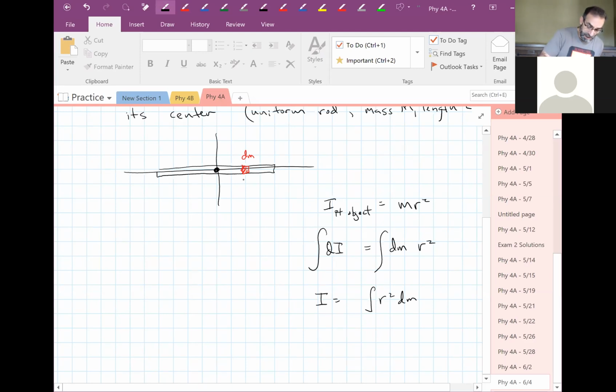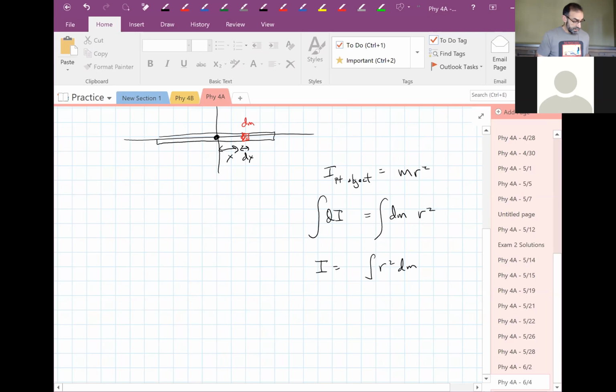Well, it's got some length to it. We can call that dx, and it's located over here at a position x. And so we can figure some of these things out. Let's hit these one at a time. R is the distance from dm to the axis of rotation.